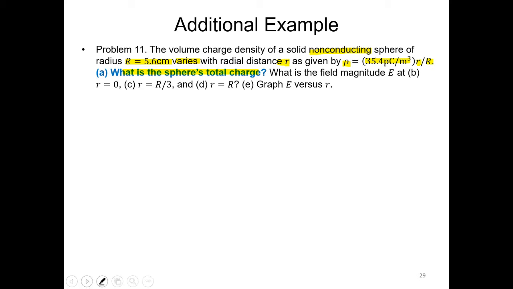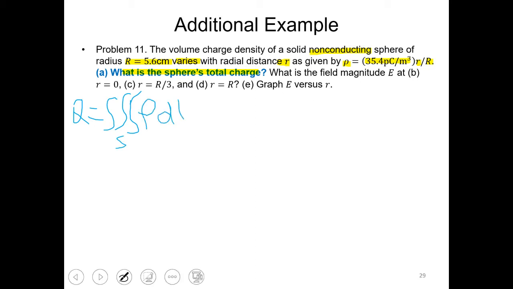And actually we need to calculate using the triple integration, which will be something like this: rho dV. So we integrate rho with respect to the whole volume.